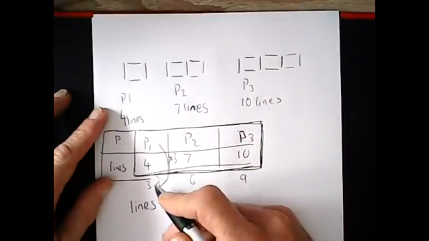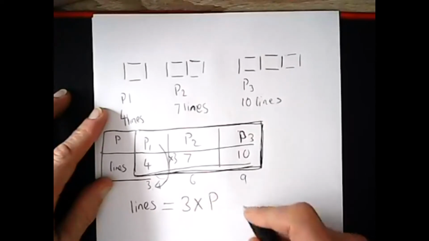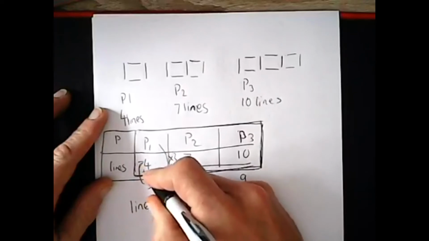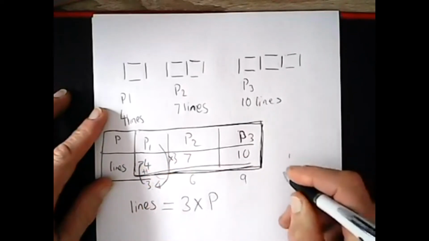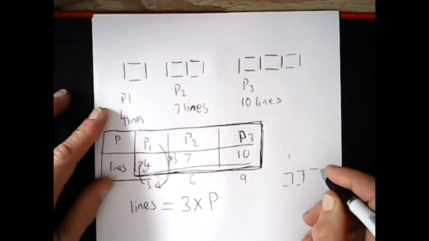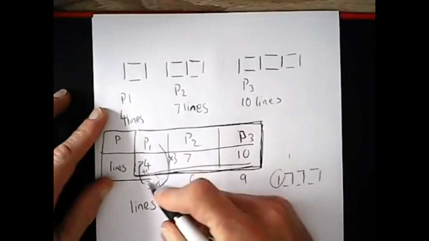Once 3 is 3, lines equals 3 times the pattern, but then we need to add 1 on. Otherwise, we'd just be doing this each time. And we need that added on at the pattern start. So that's the one that gets the pattern started. So we need a 1. Times by 3, add 1.